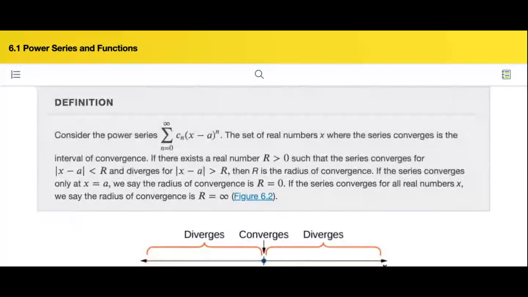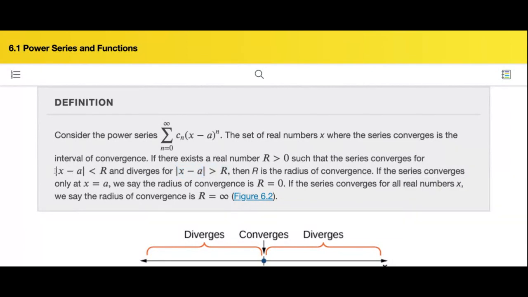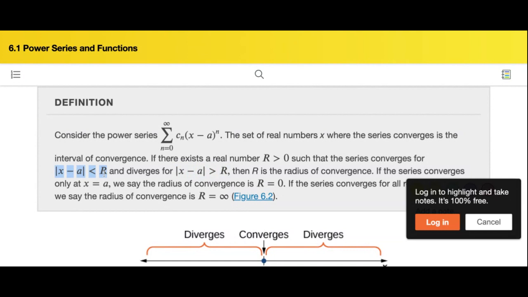And then we learn some definitions, something called the radius of convergence. What is that? Let us say the absolute value of x minus a is less than R, and we have this power series. If the absolute value of x minus a is less than R and we see the series converges, the capital letter R is called the radius of convergence.